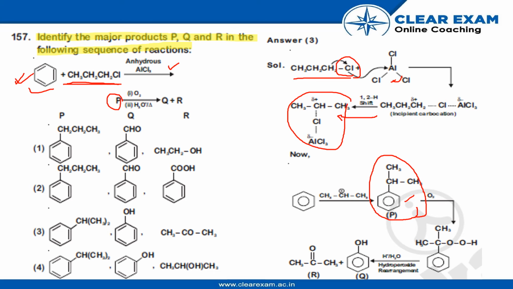These two options match. So now we'll look at Q. We are oxidizing it in the presence of O3 and H2O with heat. So this in reaction with oxygen will give the CH3 replaced by a double OH.